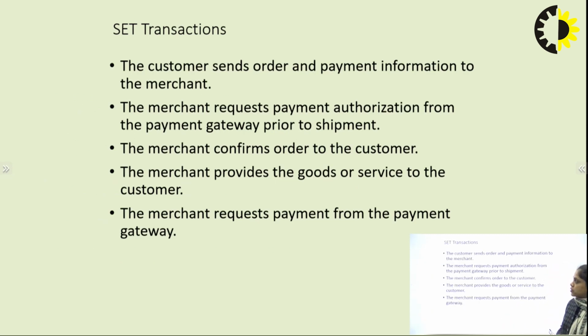In SET transactions, the customer sends order and payment information to the merchant, which we have already seen in the diagram. The merchant requests the payment authorization from the payment gateway prior to shipment. The merchant confirms the order to the customer. The merchant provides the goods or services to the customer, and the merchant requests payment from the payment gateway.